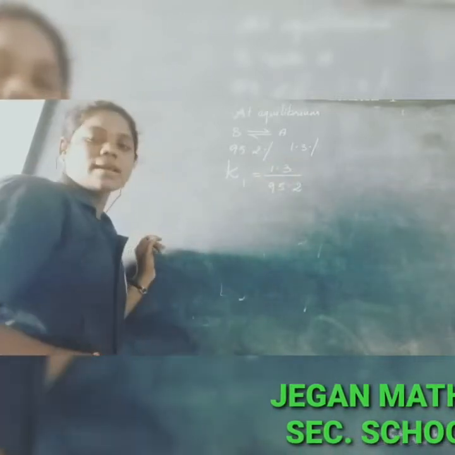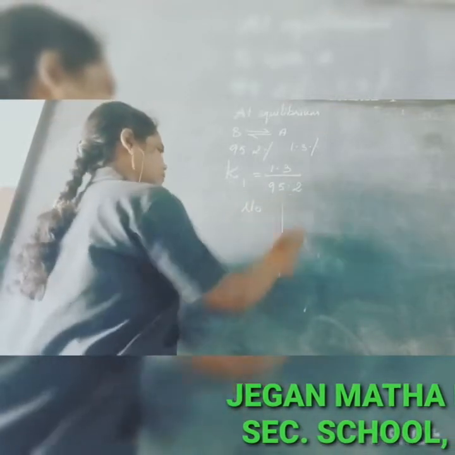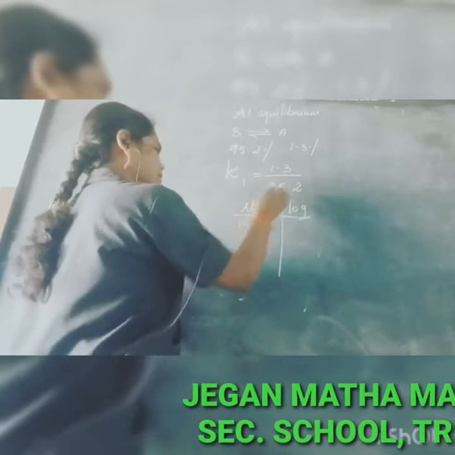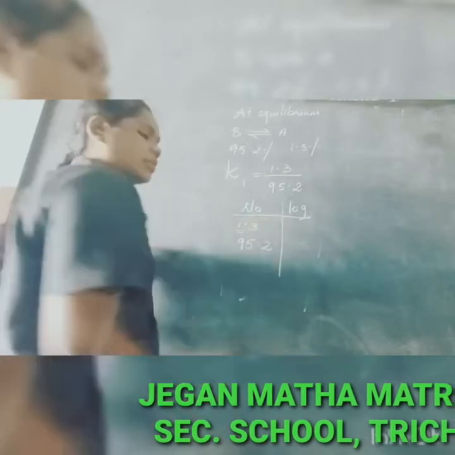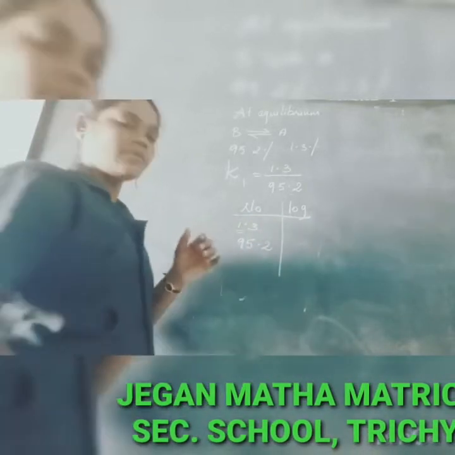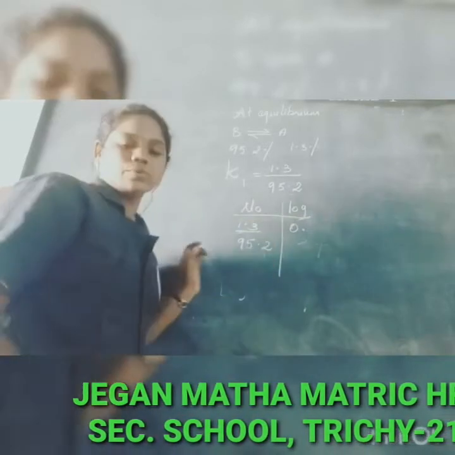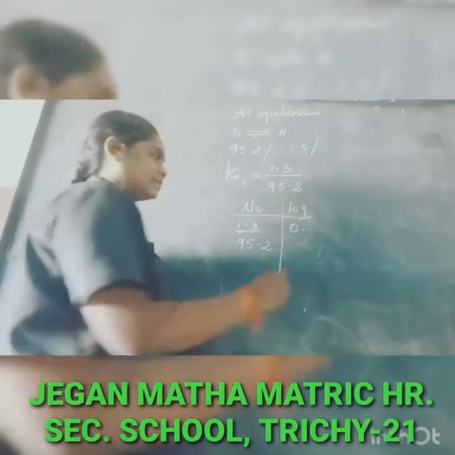Now you take the number and log. Here 1.3, next one 95.2. Before the point only one digit means 0.13, and the answer is 0.1139.